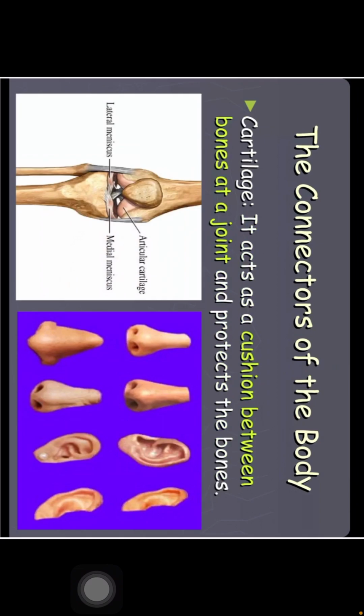Cartilage resists compressive forces, enhances bone resilience, and provides support in body or bony areas where there is a need for flexibility.